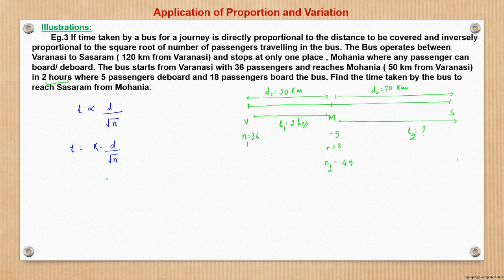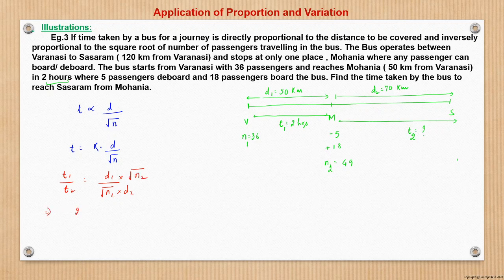Now one way could be to substitute first T equal to 2 hours, distance 50 kilometers, N is 36, and obtain the value of K. Or we can use the concept that T1 by T2 is equal to D1 by root N1 into root N2 by D2, so root N2 goes to the numerator. So we will directly find it.